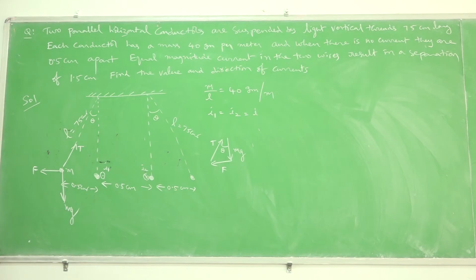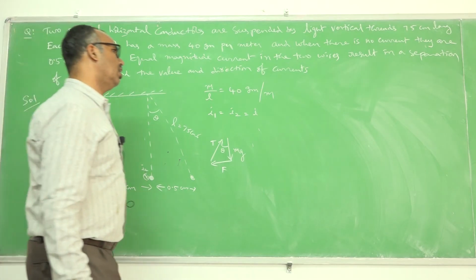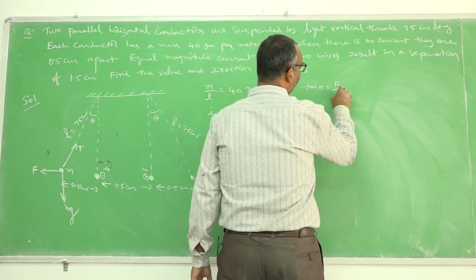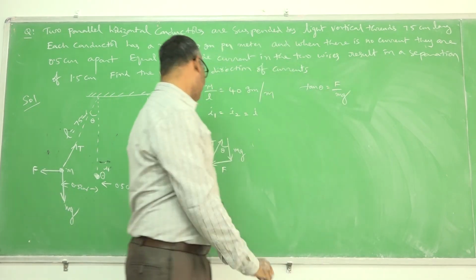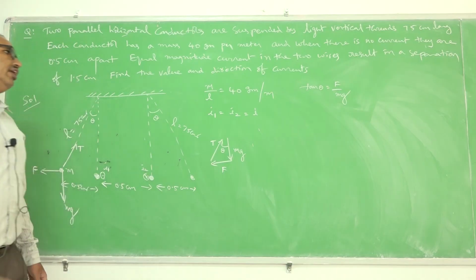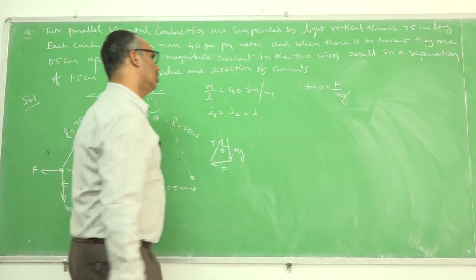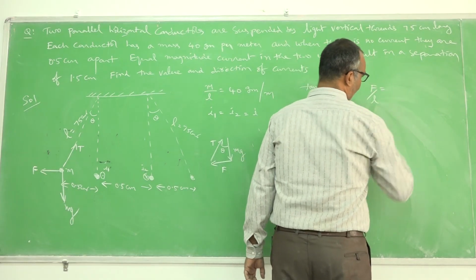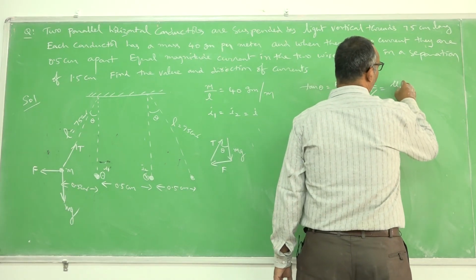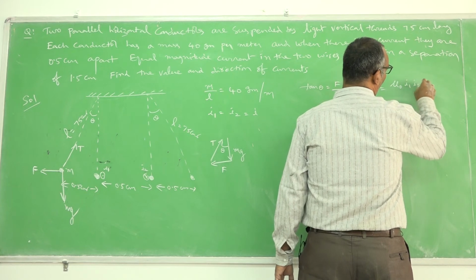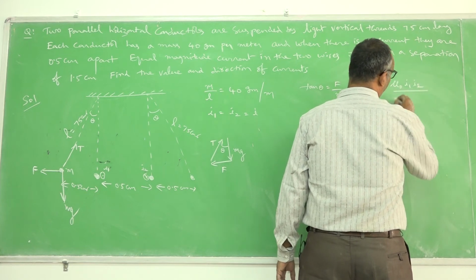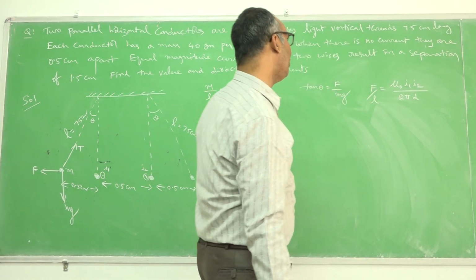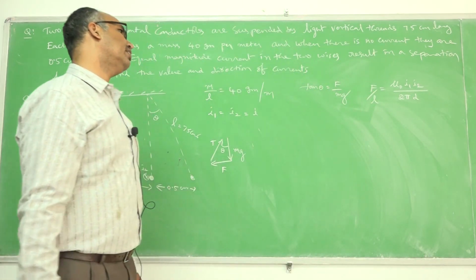If I take tan theta, it is equal to F by mg. But the force per unit length can be calculated as mu naught I1 I2 by 2 pi d. Force per unit length can be calculated by using this formula.